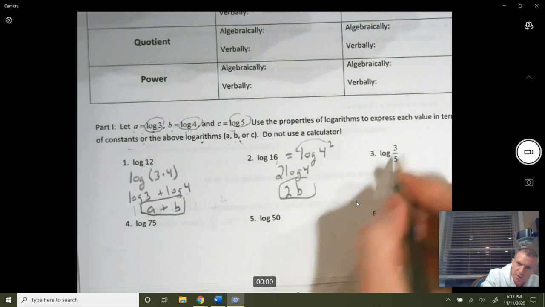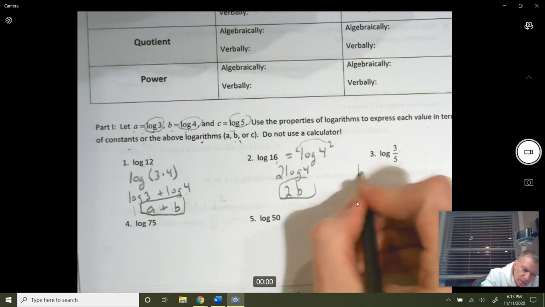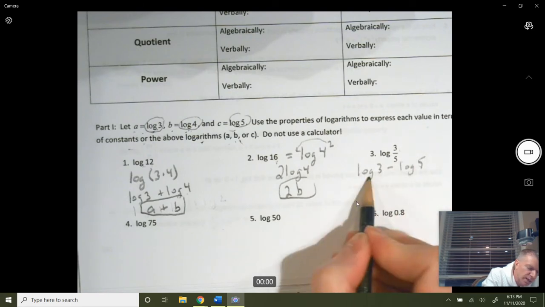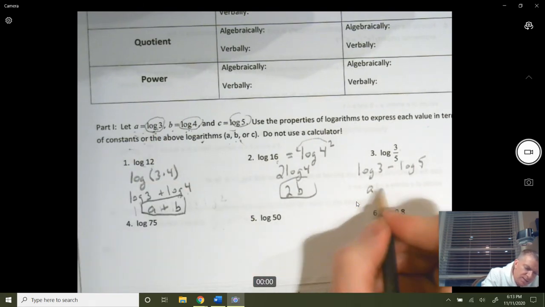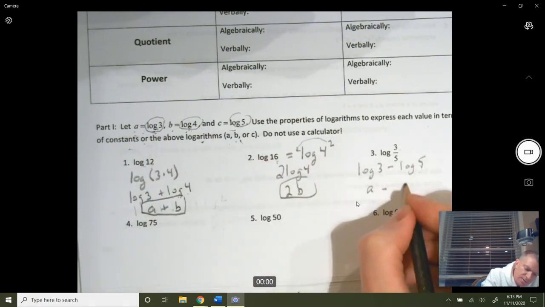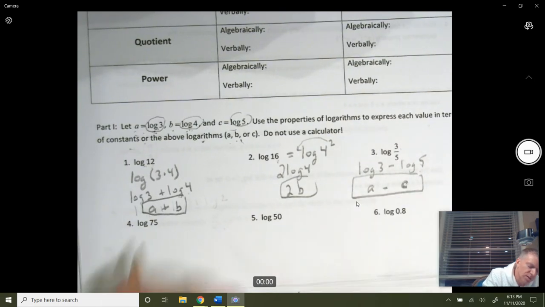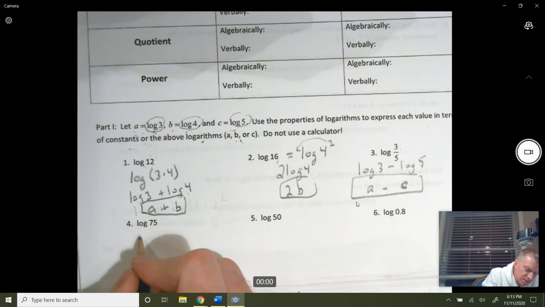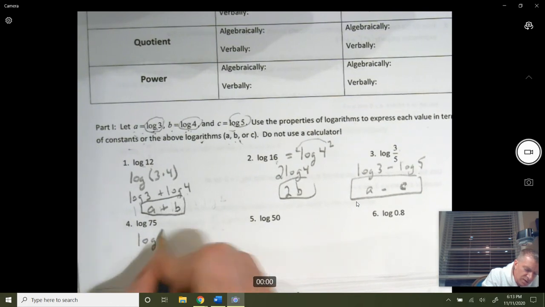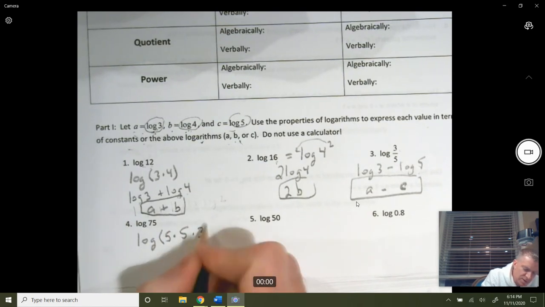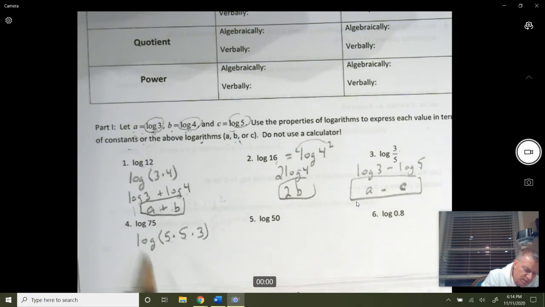And this one, log of a quotient, so we can call it log of 3 minus log of 5. And log of 3 is a, minus log of 5 is c. And log of 75, so I'm going to call that log of 25 times 3, or 5 times 5 times 3, if I break down 75.